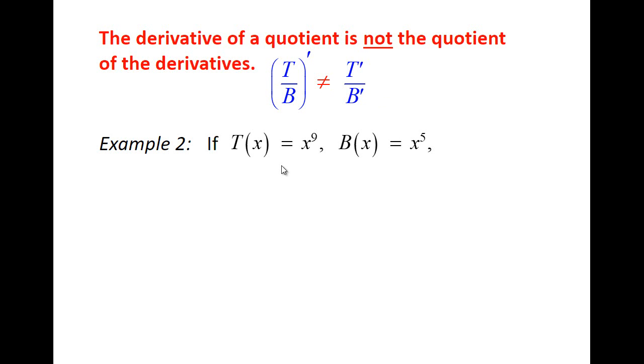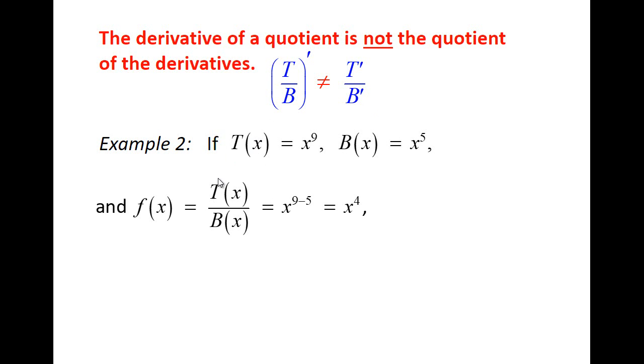Let's look at an example to see why this equation doesn't hold. So let's take t of x to be x to the 9 and b of x to be x to the 5. So t is the top function and b is the bottom function.